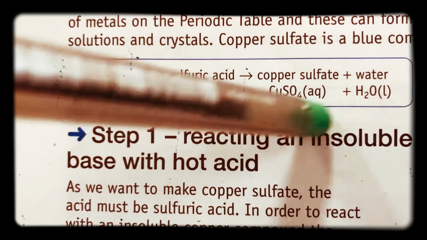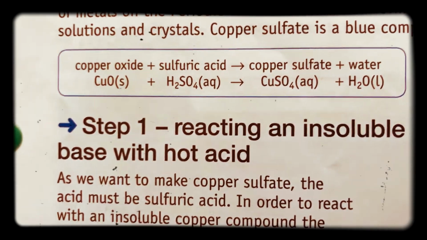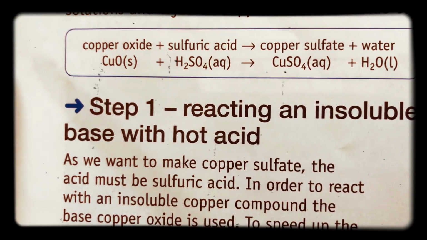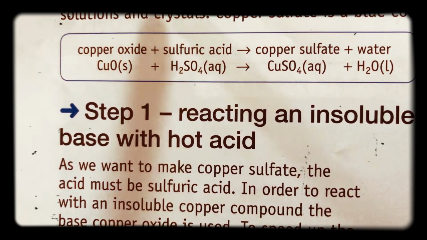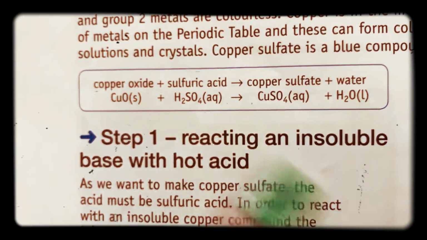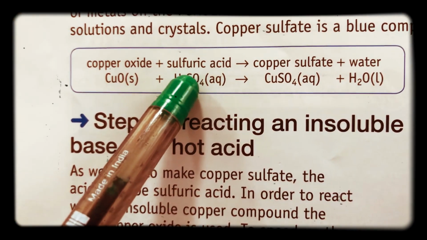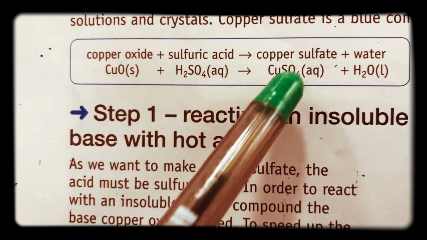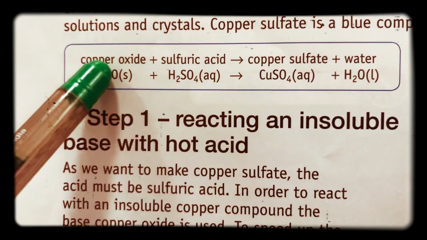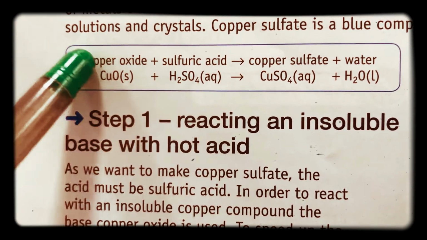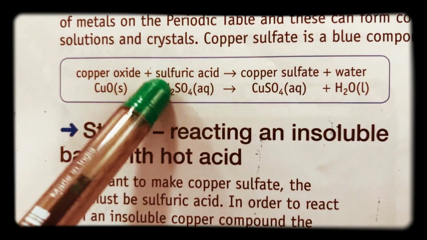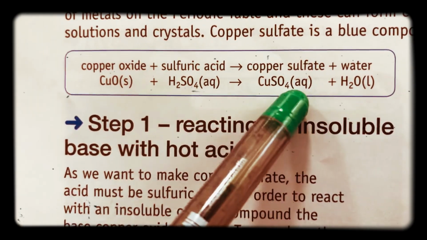You should know what these state symbols are. aq means soluble in water, dissolved in water. Sulfuric acid, with the spelling of f there, and sulfate, with the spelling of f there. Remember from a previous video, sulfuric acid makes sulfates. The metal present is copper, and the copper will combine with the sulfate part of sulfuric acid to form copper sulfate.